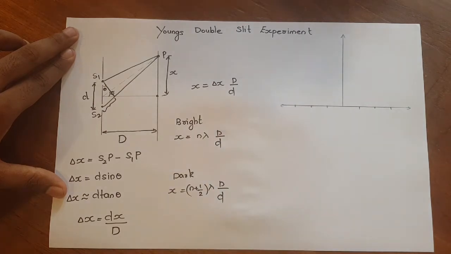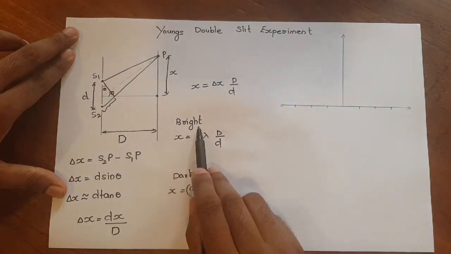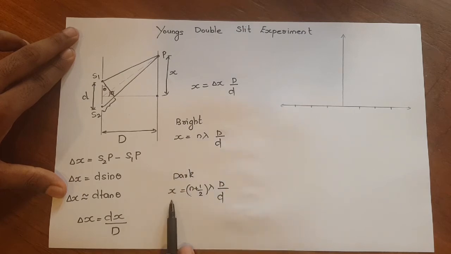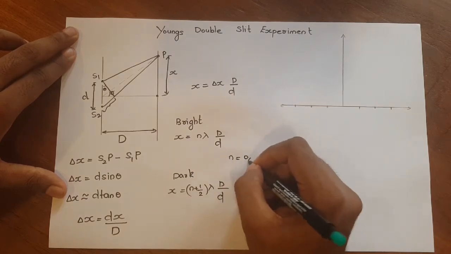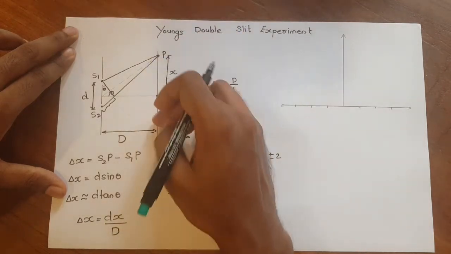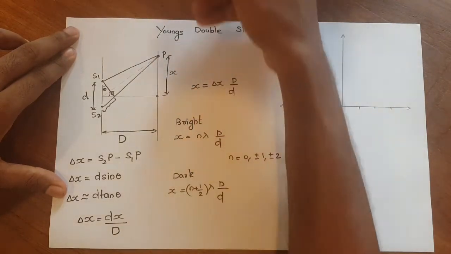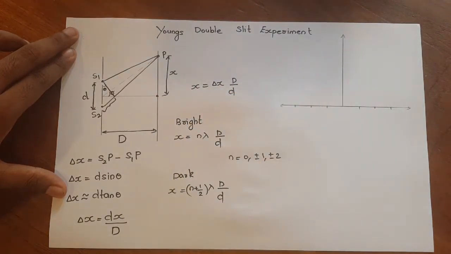So from these very simple equations, you can understand that on the screen at certain values of x you will get bright points, and at certain values of x you will get dark points. And how are these points distributed? The value of n will be 0, plus or minus 1, plus or minus 2, because it can be on either side of the screen, starting from 0, 1, 2, 3 can go to this side, also minus 1, minus 2, minus 3 can go to this side.